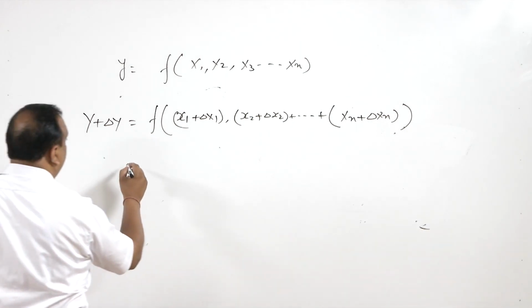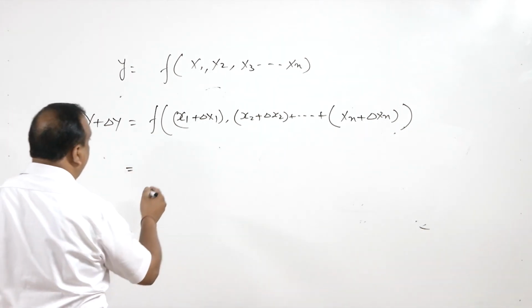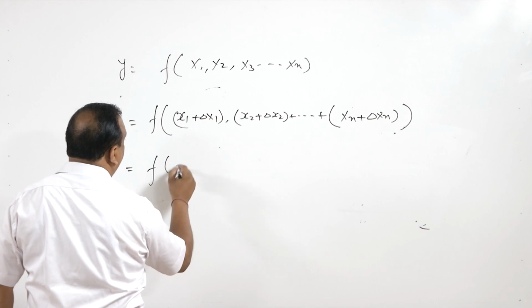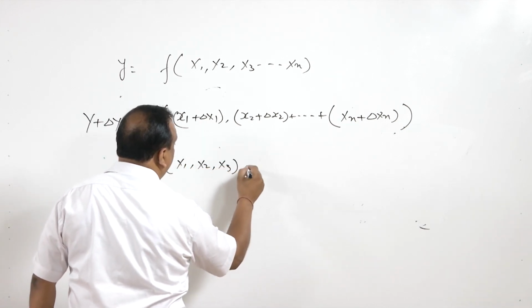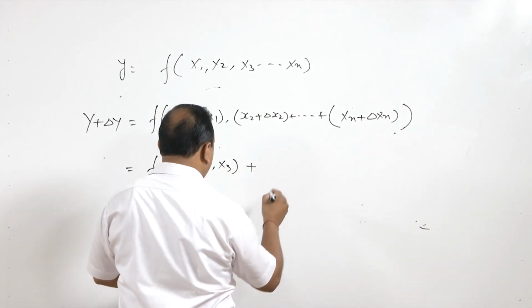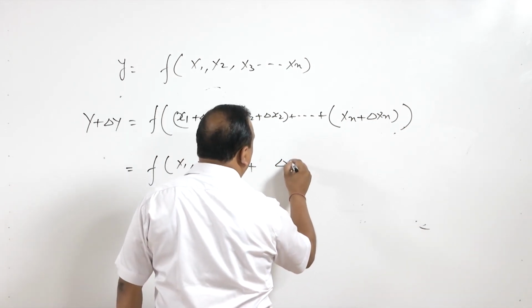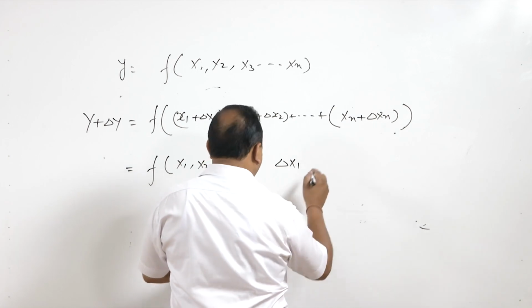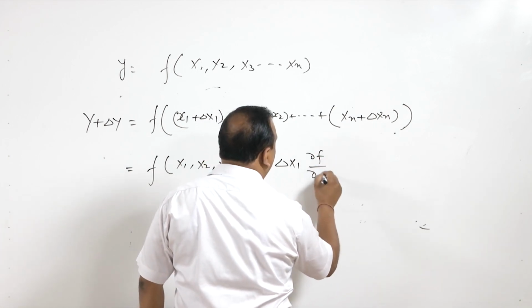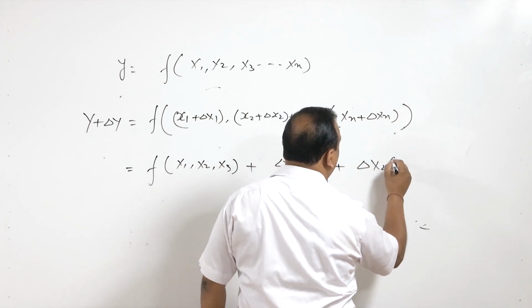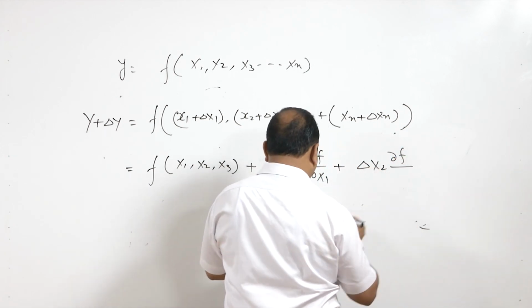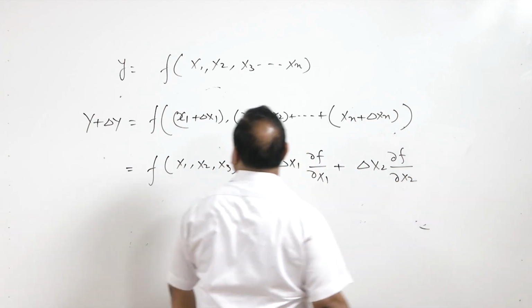Now this function can further be modified as f(x1, x2, x3, ...) plus delta x1 del f by del x1 plus delta x2 del f by del x2.